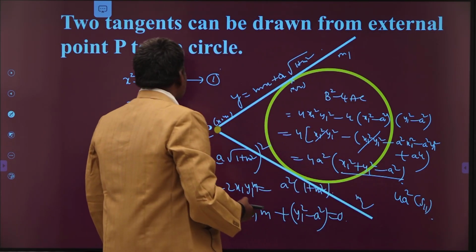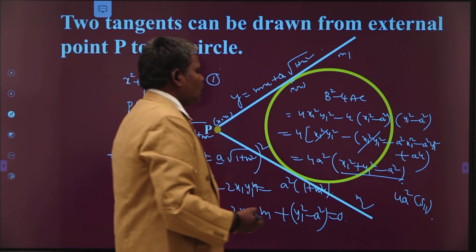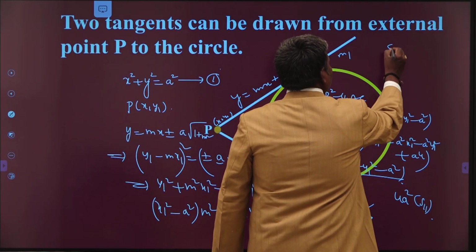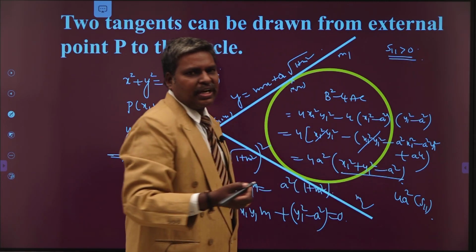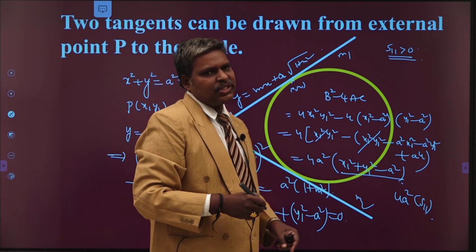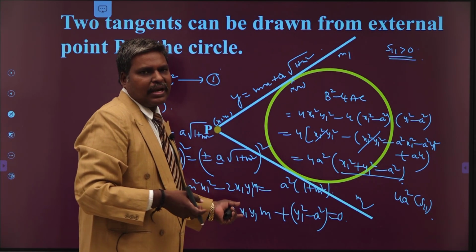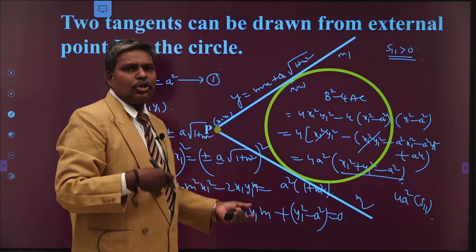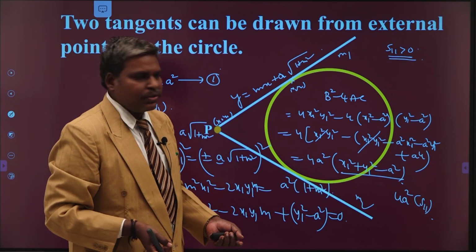Our point is outside of the circle given to you. So S11 is greater than 0, because our point is outside of the circle. So your discriminant is positive. Discriminant positive means both the values of m are real and distinct. We mean the slopes are real and distinct. We mean two tangents can be drawn from an external point to the circle.